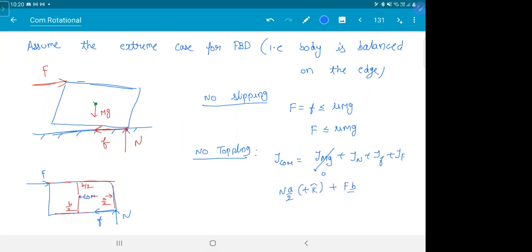F's torque is F into b by 2 minus k cap. Friction into b by 2 minus k cap. And I know friction is equal to F. So we end up with F b equals N a by 2. And N is mg. So F is mg a by 2b. Again, this is the maximum there.